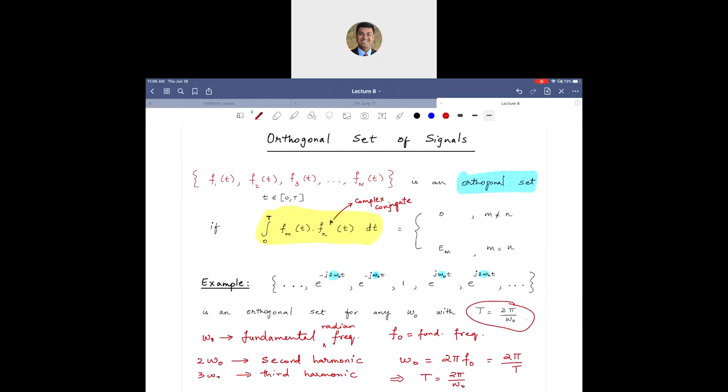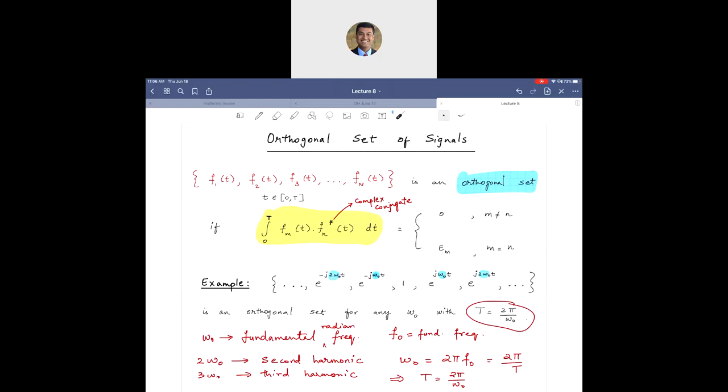So the claim here is that if you consider a set of complex exponential signals, which have a zero frequency component, you see this one, that is just the DC value, having no frequency. Then you have plus and minus omega naught, plus and minus 2 omega naught, and so on.